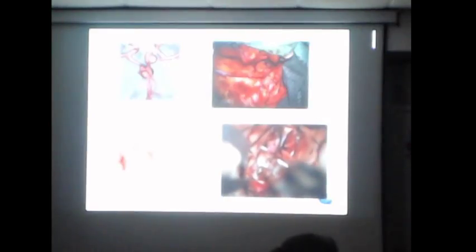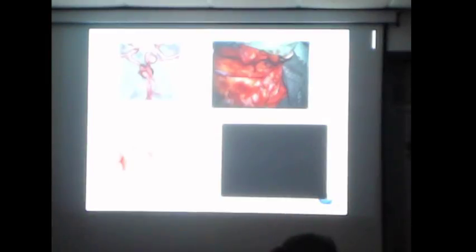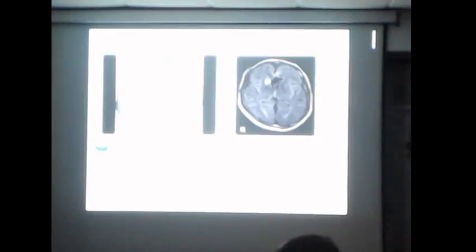Fortunately, the left side aneurysm can be occluded at the neck. So I can do the neck clipping. A little bit regional aneurysm neck. I can clip with another Sugita clip. After the operation, the patient was uneventful.